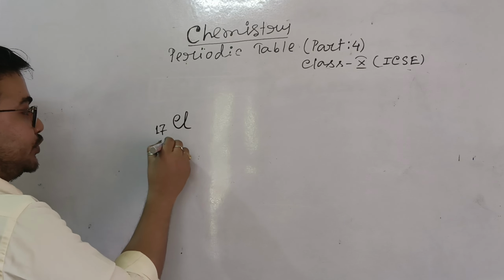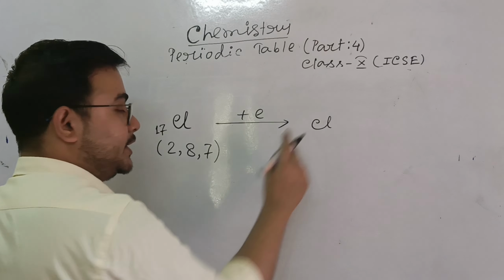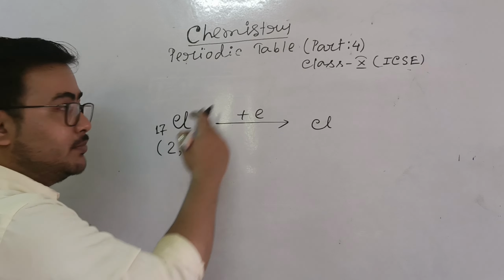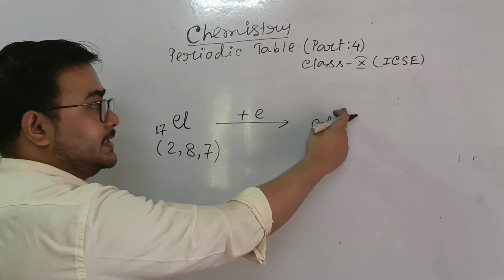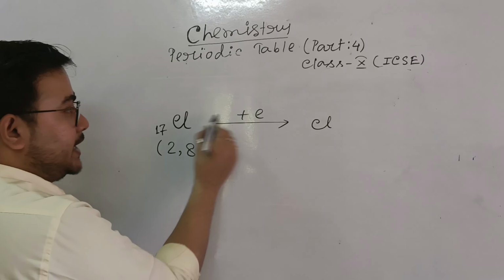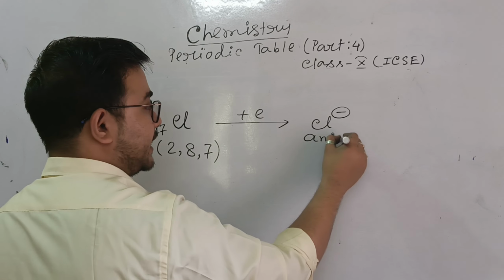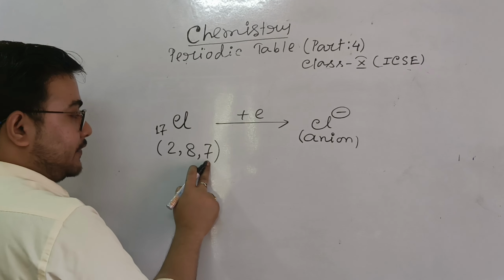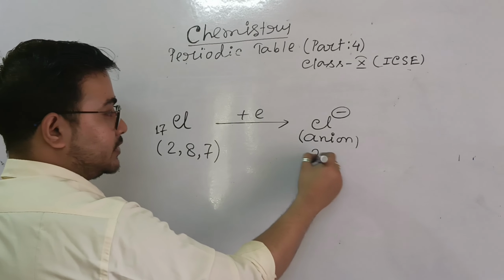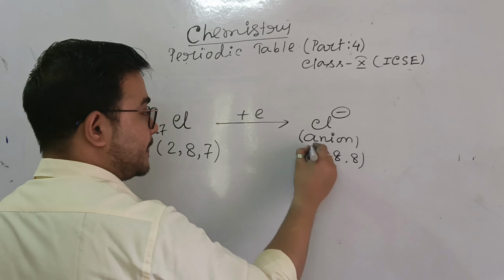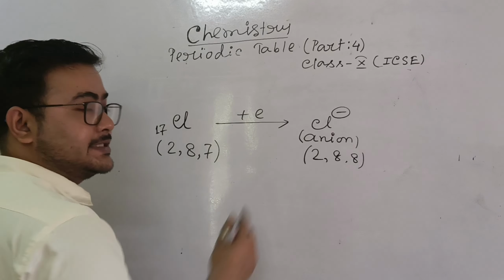If chlorine accepts one electron, keep in mind, if any atom loses an electron, then it gets positive charge. If any atom accepts one electron, it gets negative charge, and it is called an anion. So since it was 2, 8, 7, after it accepts an electron, it becomes 2, 8, 8. So it is first line, second line, done.